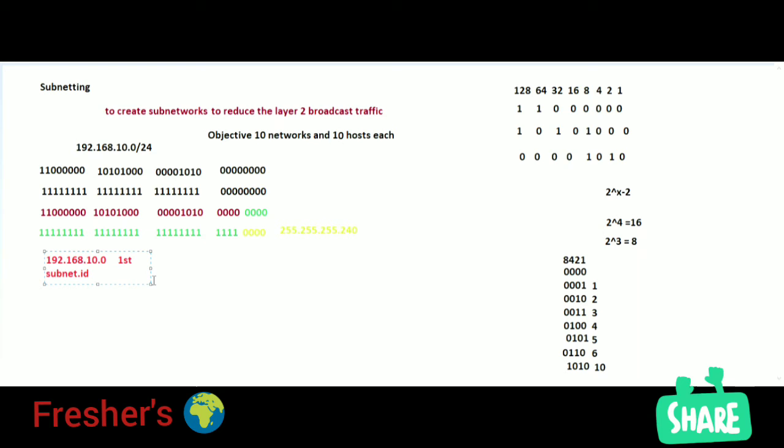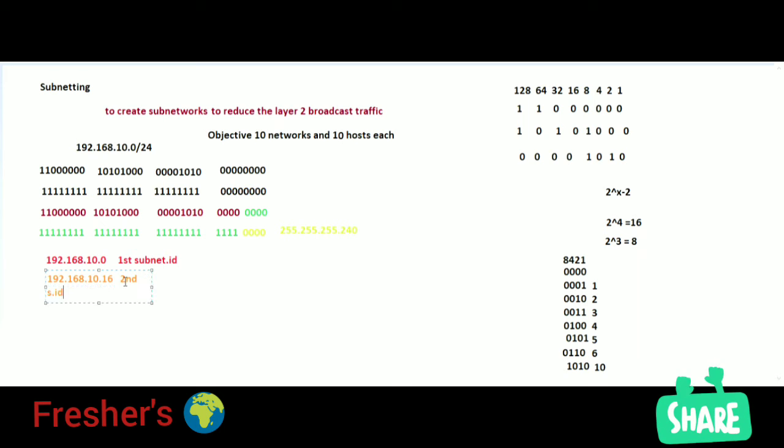For the second subnet ID, we enable the fourth bit, and the value of the fourth bit is 16. So the second subnet ID is 192.168.10.16.